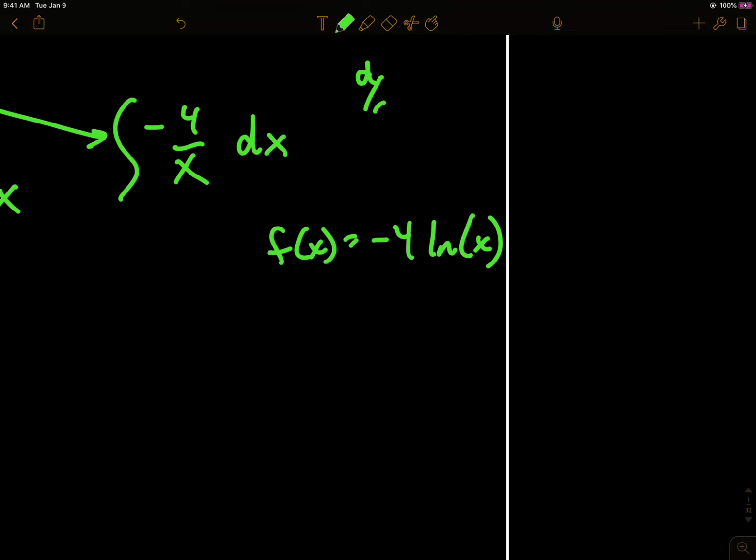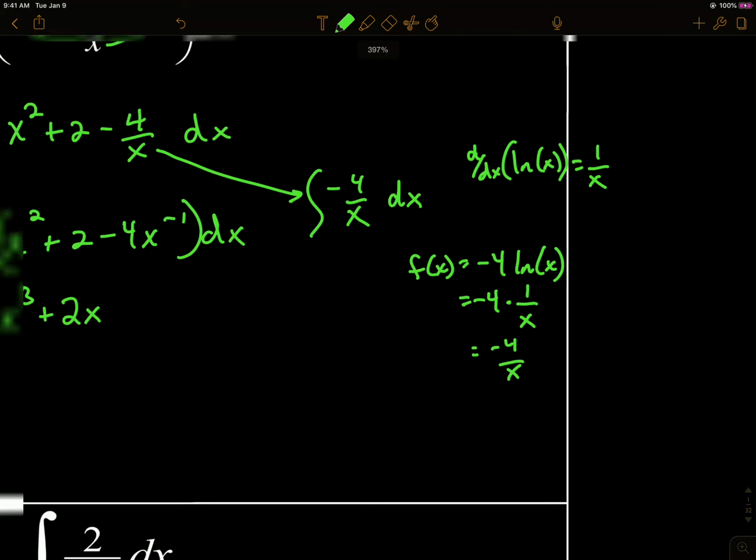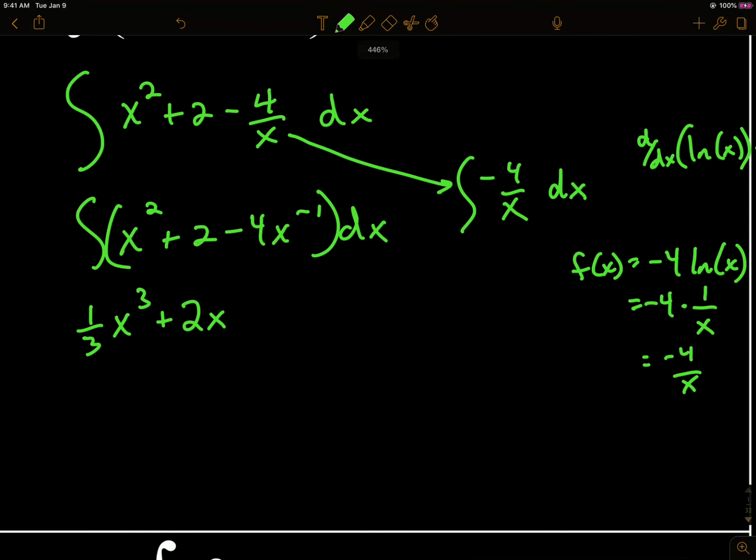We know that the derivative of ln of x equals 1 over x. So we're going to use that in reverse. If I had this function, negative 4 comes along for the ride, the derivative of ln of x is 1 over x, so that's negative 4 over x. So we know that this turns into negative 4 ln of x.